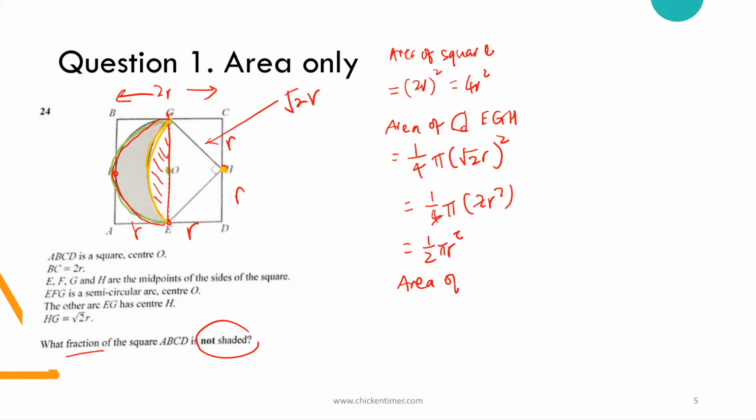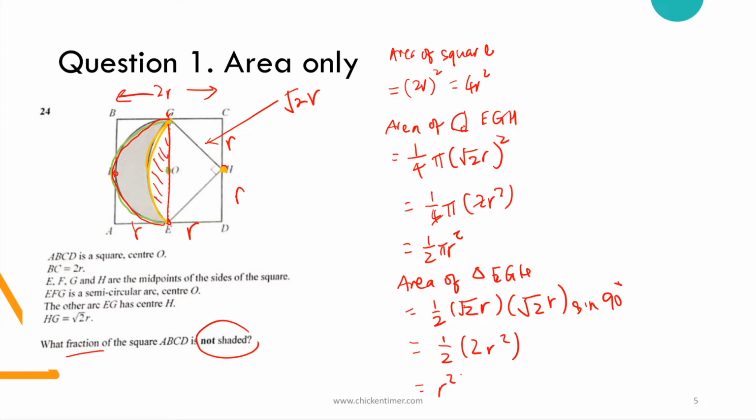Then we will find the area of triangle AGH, which is half times A B sine C. So the area EGO will be the quadrant, half pi r squared, minus the triangle, which is this.